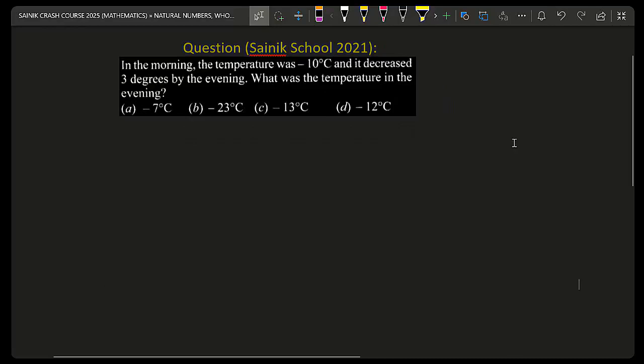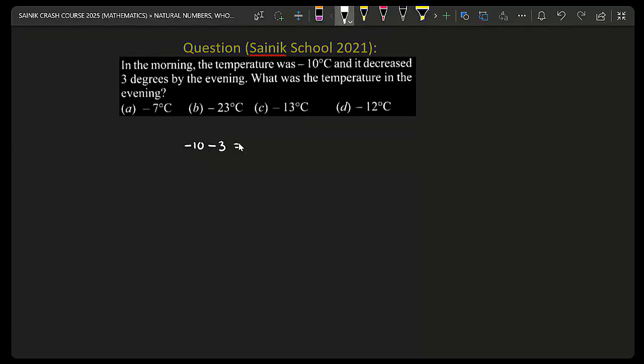Manaswini, can you give the answer for this? Sir, option C. Can you explain how you got the answer? In the morning the temperature was minus 10 degrees Celsius. It has decreased 3 degrees. Decrease 3 degrees means add 3 or minus 3? Minus 3, sir. What is minus 10 minus 3?